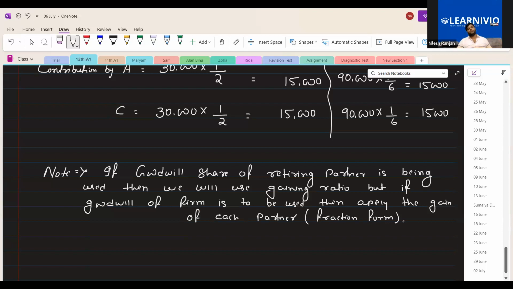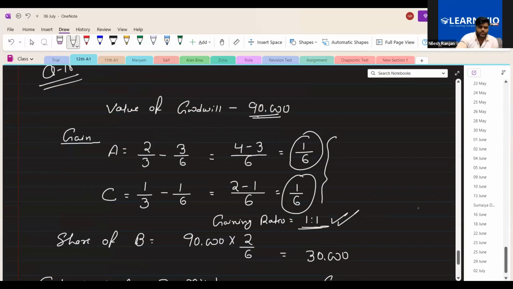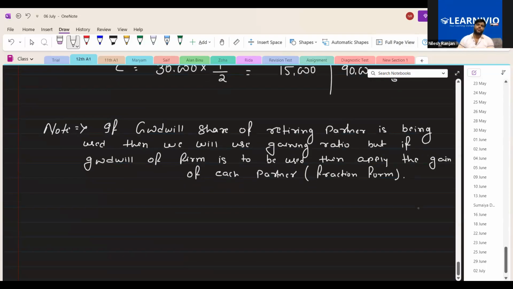Okay, so please write this note, and if you want to write the solution, then this also. First, write the note.